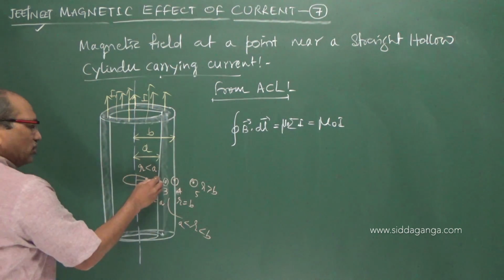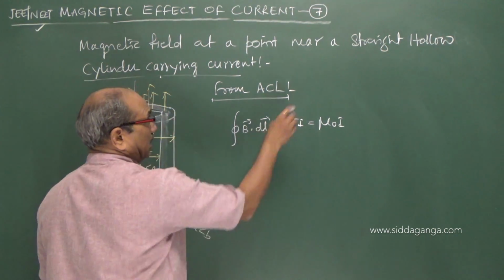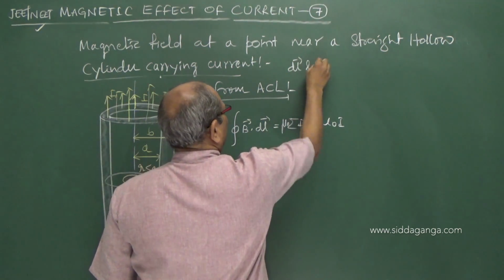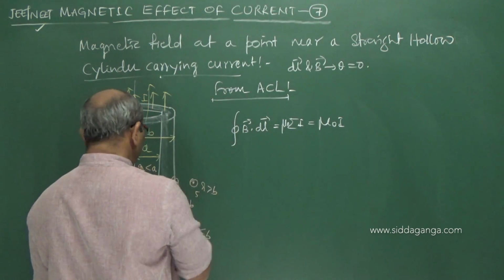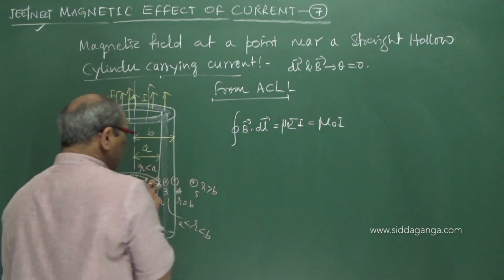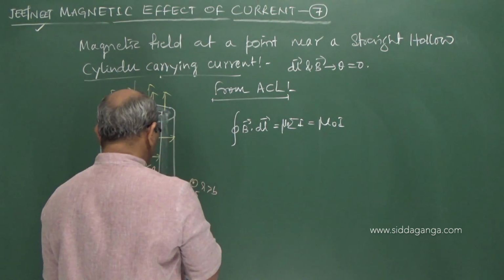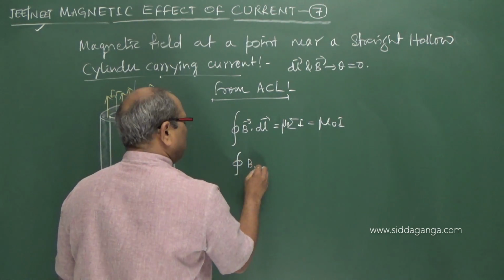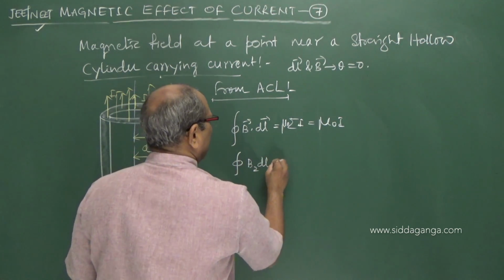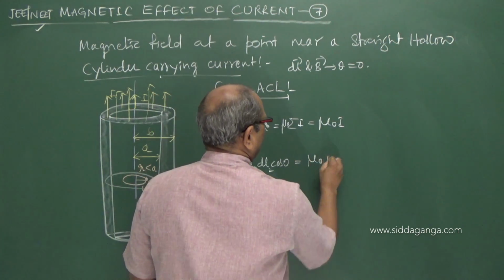Again, when I consider a loop, these loops are almost dl and B, the angle between them theta is 0. Therefore, if I consider the in between, just for the second case, integration of B2 dl cos 0 dl2 equal to mu naught I2.